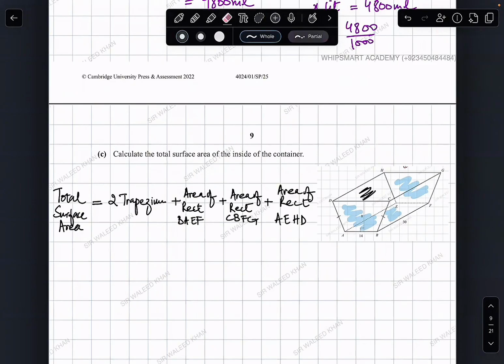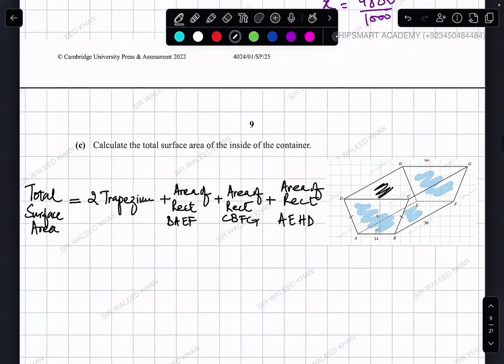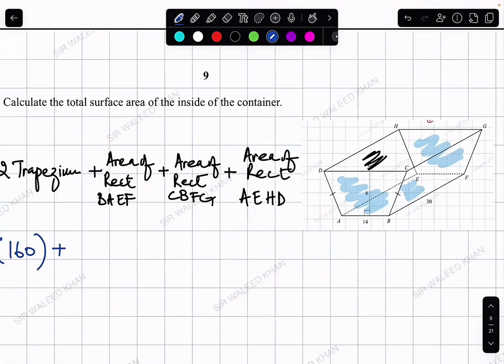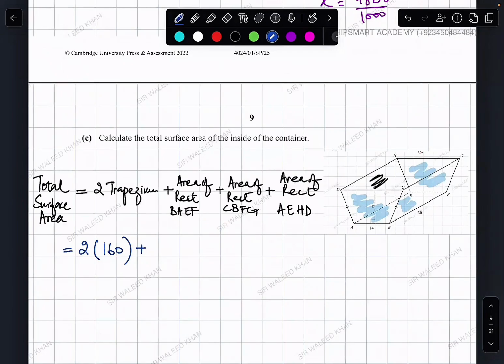Now see whatever information you have. So two trapezium, you had the area for that. What was the area? 160. So 2 times 160 plus area of rectangle. Now looking at this, when you make a statement, you can easily figure out what is missing.